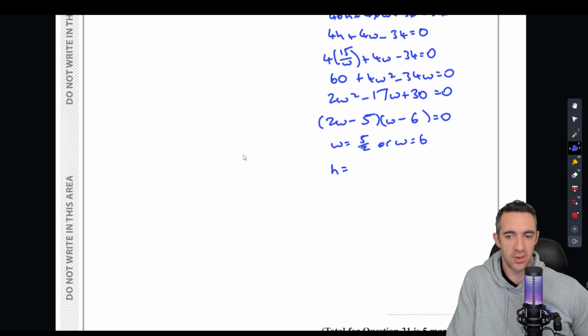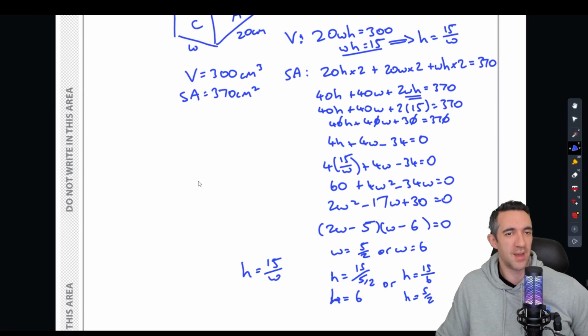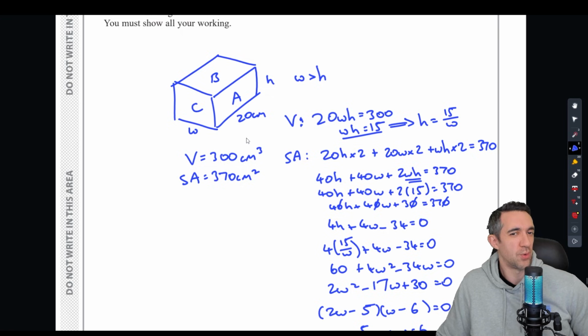Remember we wrote it down, we had it up there, 15 over W. So if I do 15 over 5 over 2, that turns out to be 6, or we have W equals 6, H equals 15 over 6, which simplifies to 5 over 2. So they just swap places. So you see it's the same values. It's 6 and 5 over 2. So remember on our cuboid we drew up here, it doesn't matter which one we called W and which one we called H. It's all going to work out to be the same numbers.